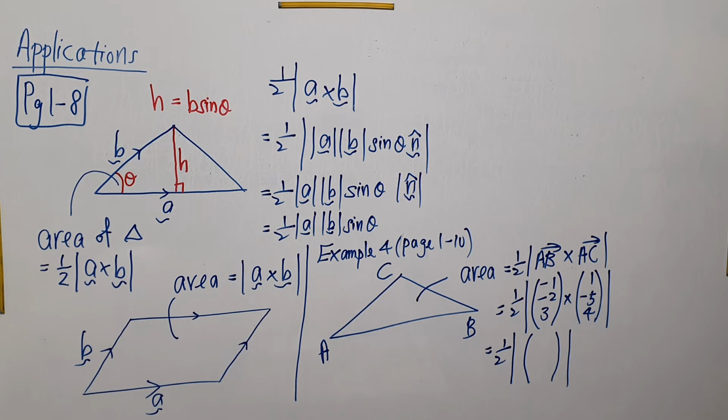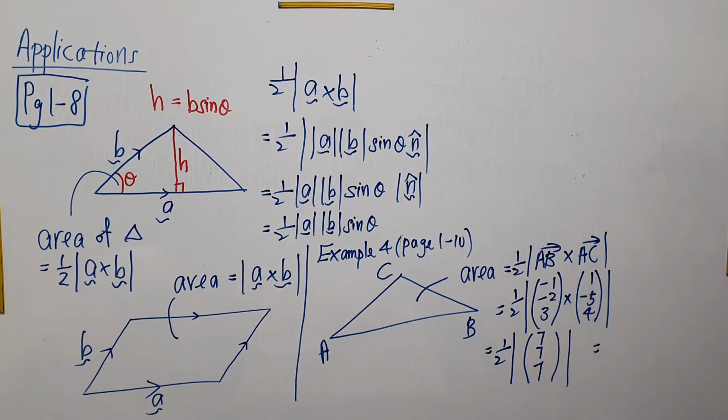So I got -8 plus 15, which is 7. You cover the second row, you have -4 minus 3, which is -7, and because the middle needs an extra minus, it becomes 7. And lastly, you have 5 minus 2, you get another 7.